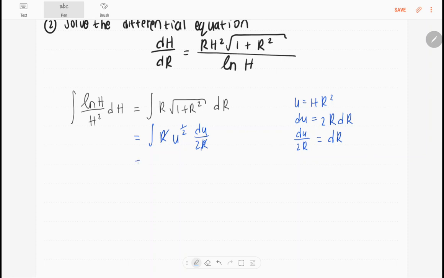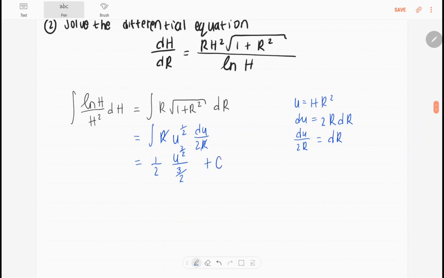So we have a half, and then we have the integral of u to a half, which is u to the 3 over 2 over 3 over 2. Right, so this is just, and don't forget your plus c, sorry.